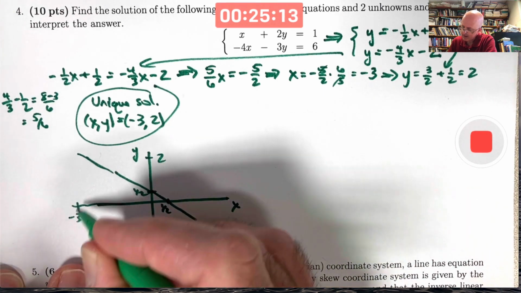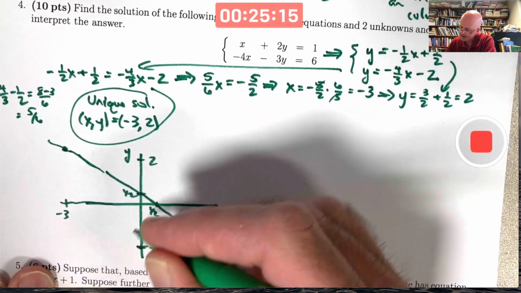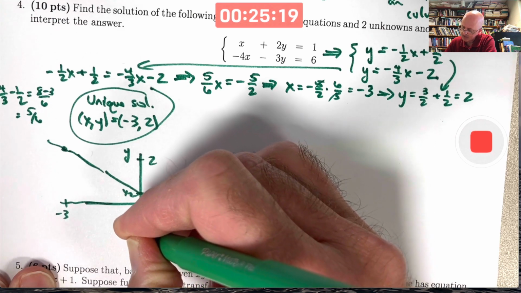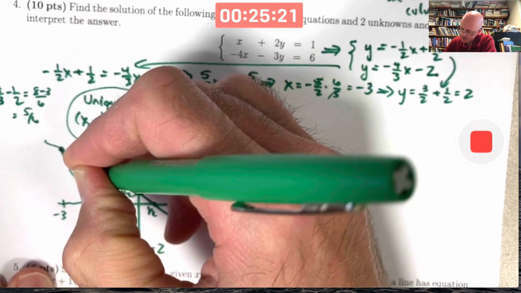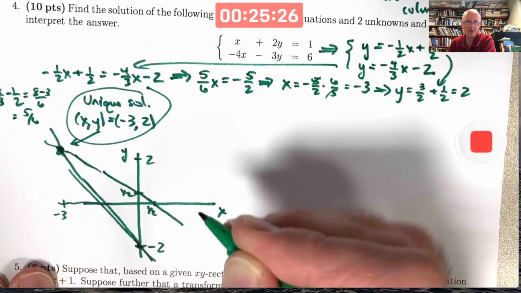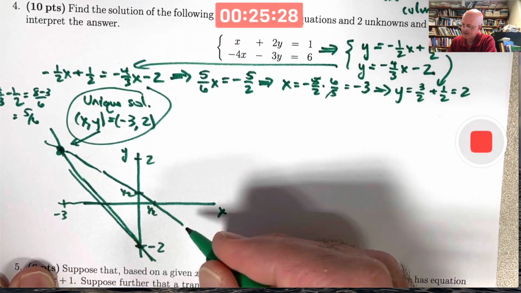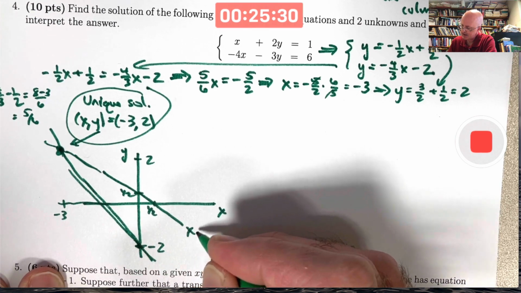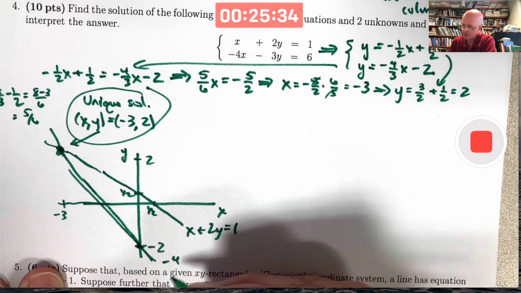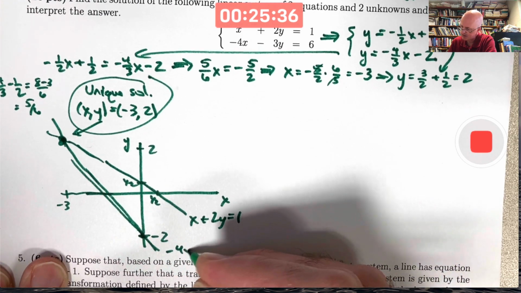Maybe somewhere around over here they're going to intersect. I'm not drawing it super carefully, but something about like this is your geometric interpretation of the unique solution. This line is the same as the line for the original first equation, and this one is for the original second equation.